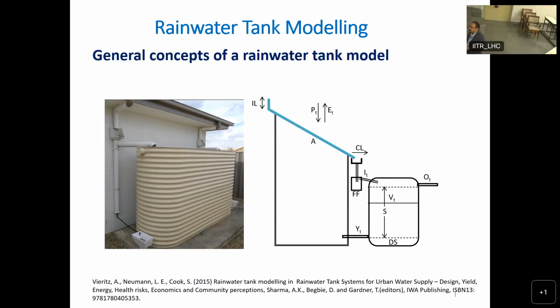So you can see the precipitation, the initial losses, as we talked about, precipitation, evaporation, the area. There can be a first flush device, the water entering into the system, the storage capacity, and VT is the volume that is entering in a particular time. It can be on a daily basis.